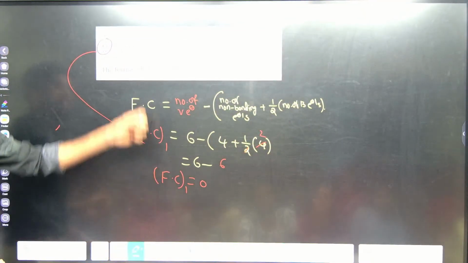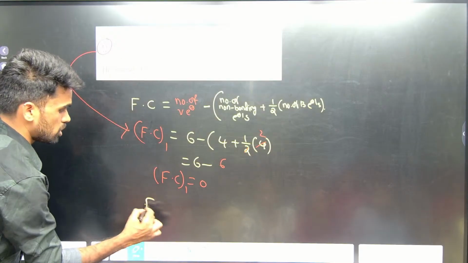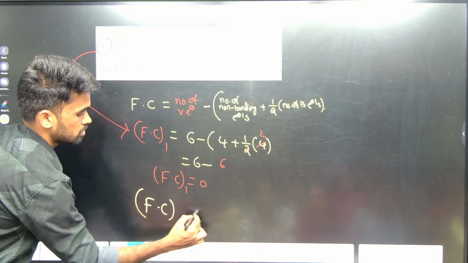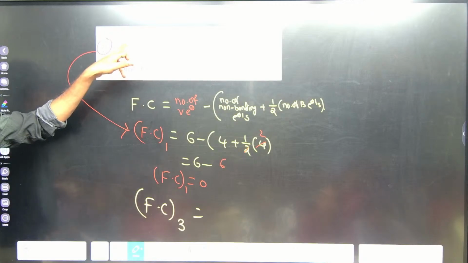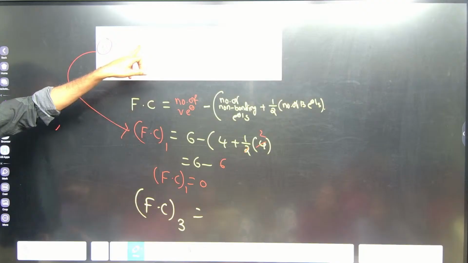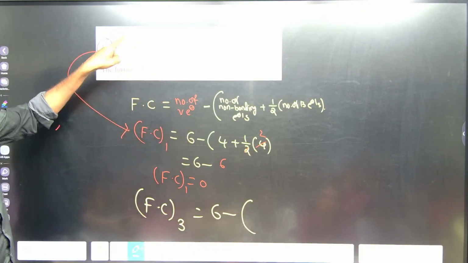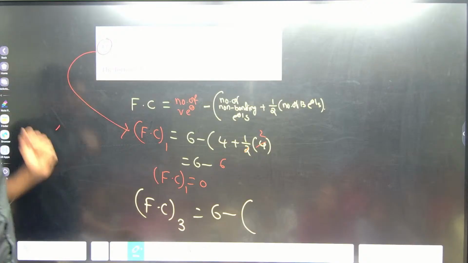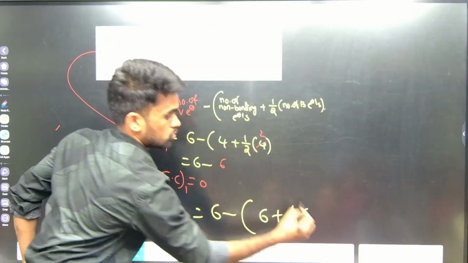Similarly, will you do it for the next one? You do it for the last oxygen, oxygen 3. Formal charge for 3. How can you do that? Tell me first. Oxygen only. How many valence electrons? 6, minus the number of non-bonding electrons you are seeing, 6, plus bonding electrons 2, half of it 1.